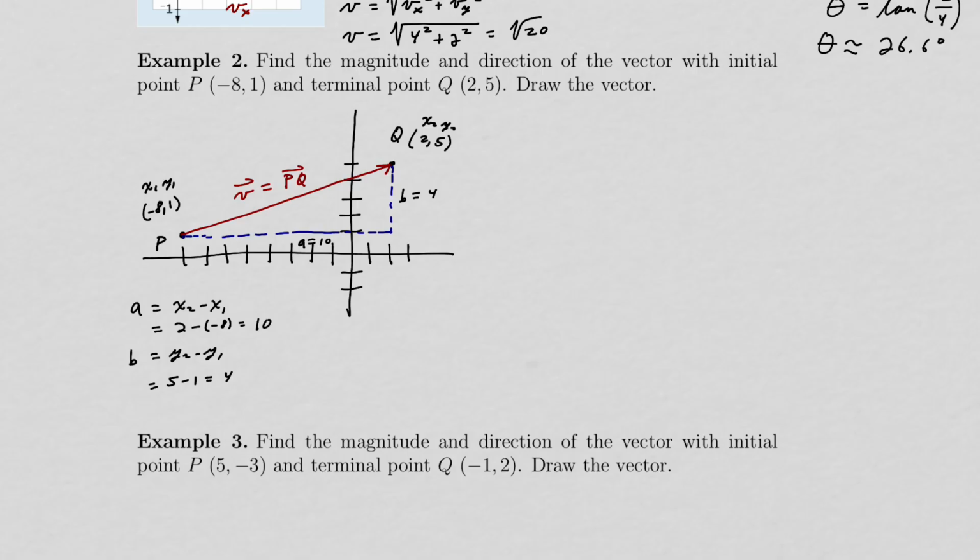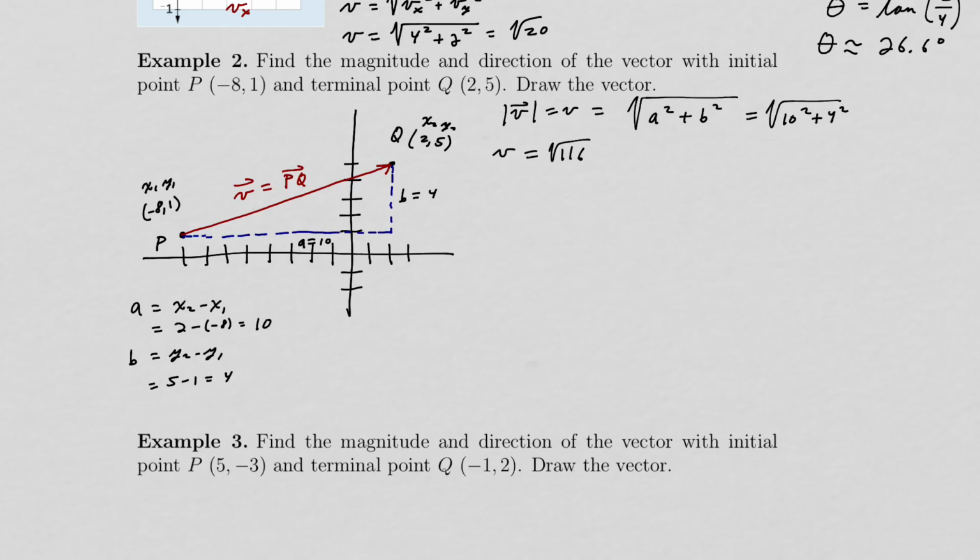Okay, so now to figure out the magnitude of vector V, I need to use the Pythagorean theorem. It'll be the square root of A squared plus B squared. So in this case, it'll be the square root of 10 squared plus 4 squared. That's the square root of 100 plus 16, 116.